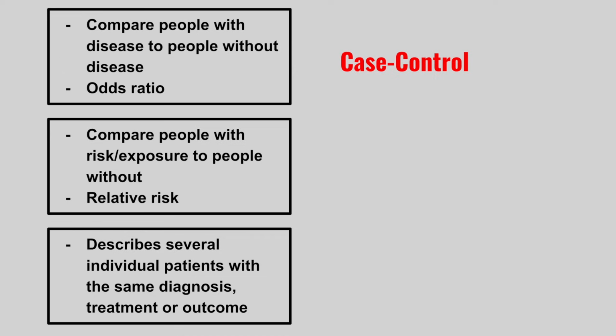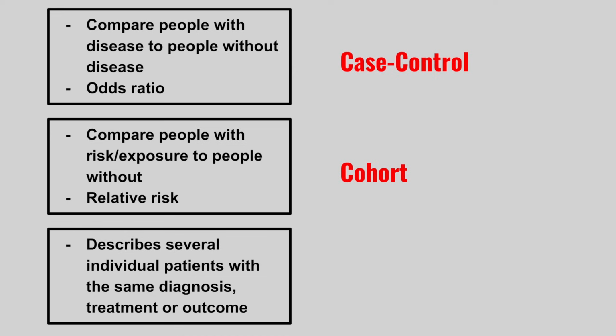So remember, cases are people with the disease, controls are people without the disease, and we calculate the odds ratio. Next, we have a study that compares people with a risk or exposure to people without the risk or exposure, and we calculate relative risk. This is a cohort study.